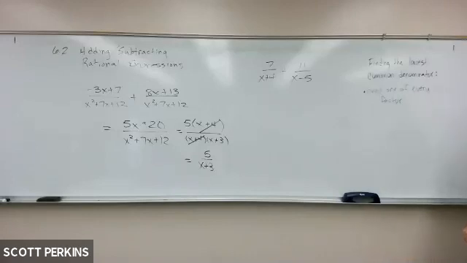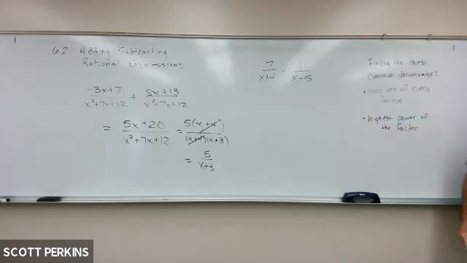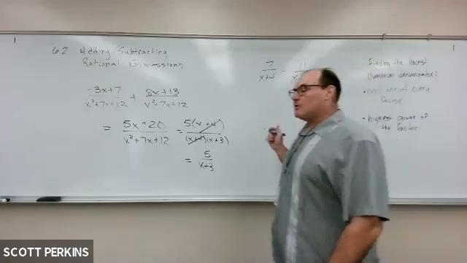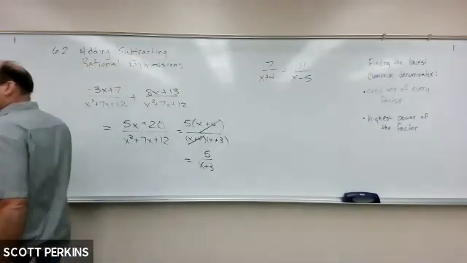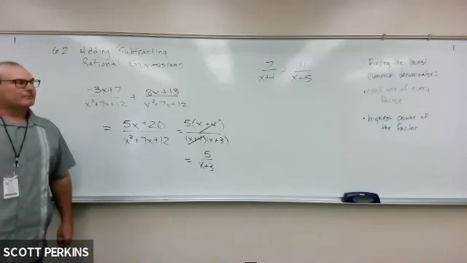You need one of every factor. And then if you have powers, you take the highest power of that factor. Okay, if there's powers, you take the highest power. So when you find the common denominator, you need one of every single factor you see. And if there happens to be powers, then you need the highest power of that factor.